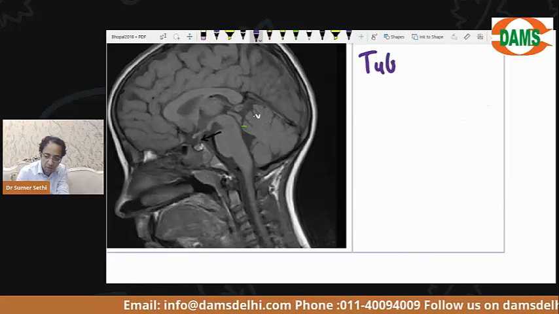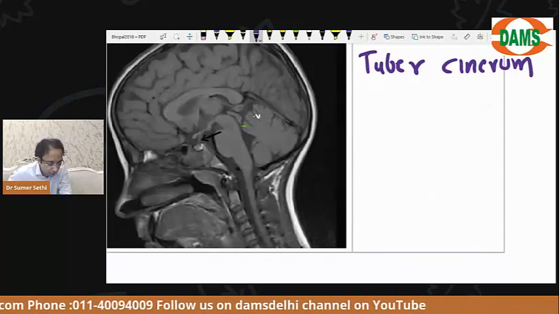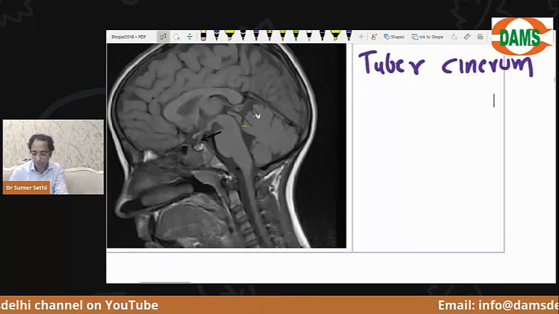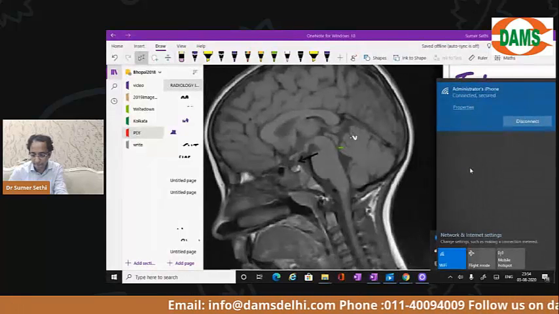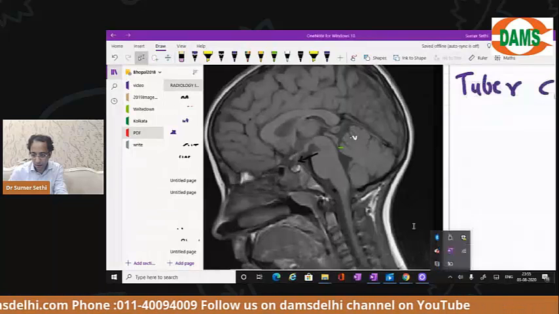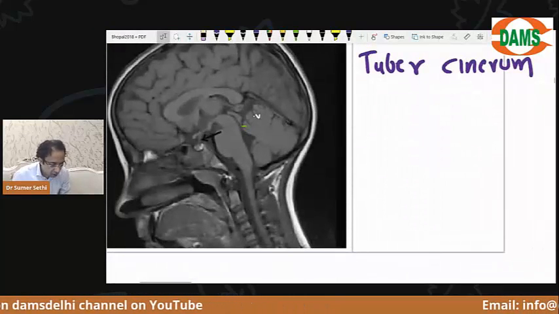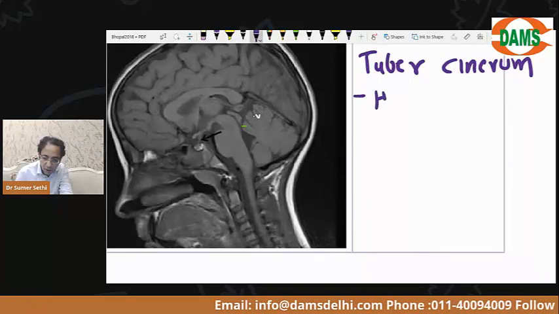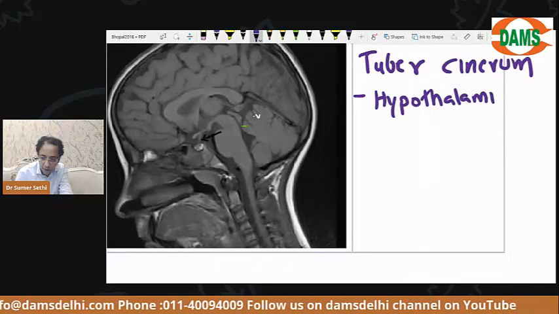Now, some of you were getting confused by an area of the brain called the tuber cinereum. Tuber cinereum is a part of the hypothalamus, and this is the area of the brain from which hypothalamic hamartoma arises.